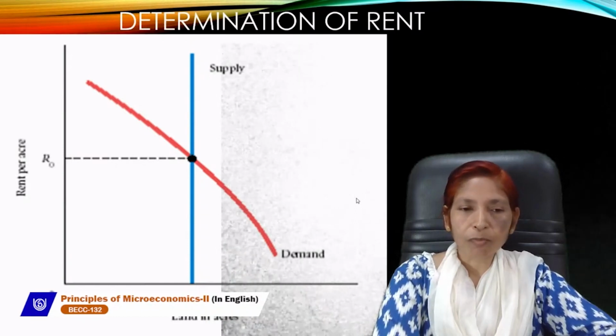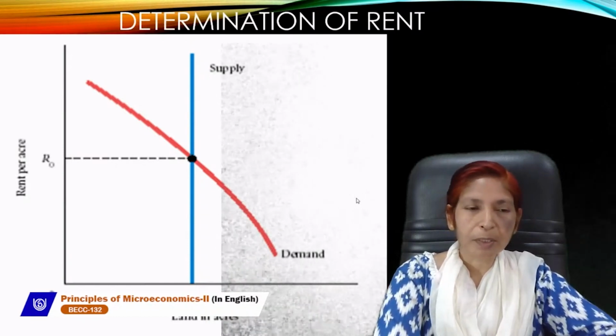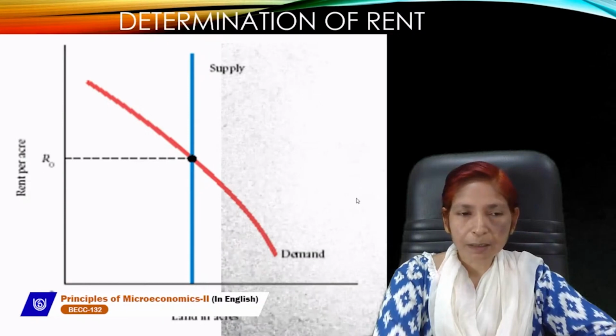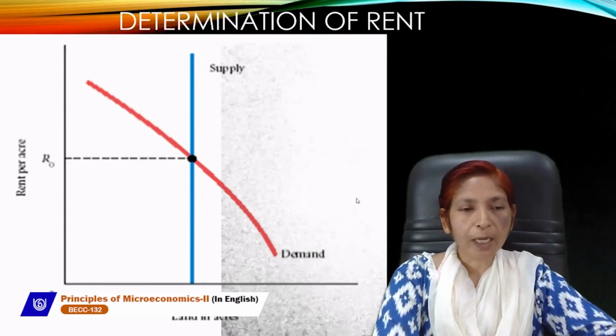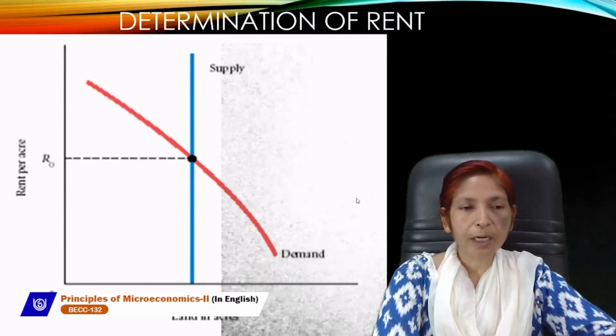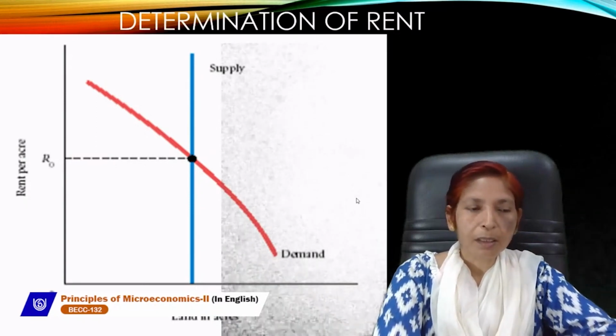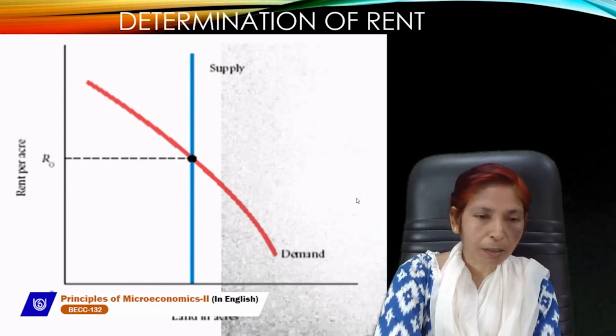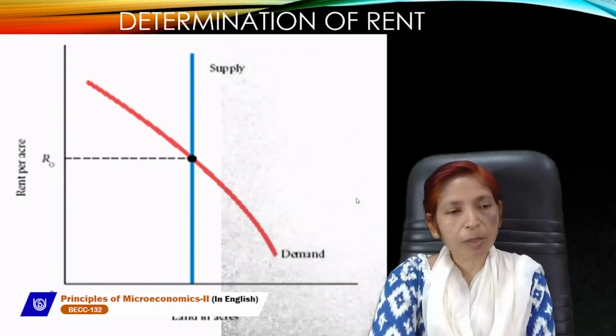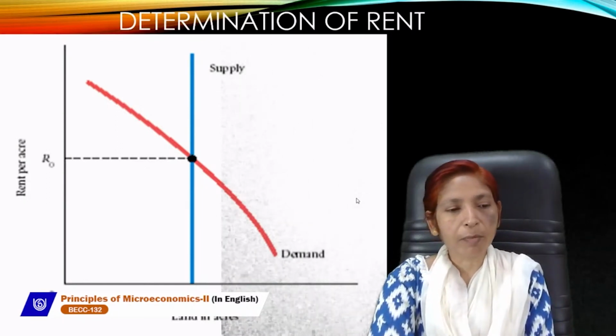The demand curve is a downward sloping curve, represented by this red line. Where these two curves, demand and supply of land, intersect each other, the equilibrium point is determined, and at this equilibrium point, rent is determined.